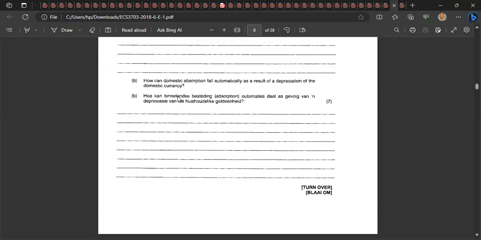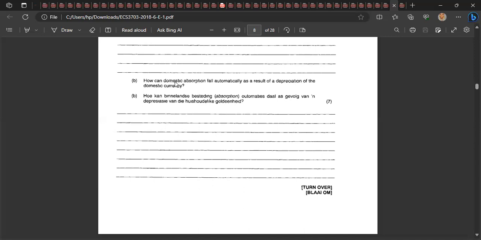Right, how can domestic absorption fall automatically as a result of a depreciation of the domestic currency? Here, what is domestic absorption? I think we were talking about it on the Swan diagram, where domestic absorption was on the x-axis. When you refer to domestic absorption, in other words, it will be domestic consumption or domestic demand.